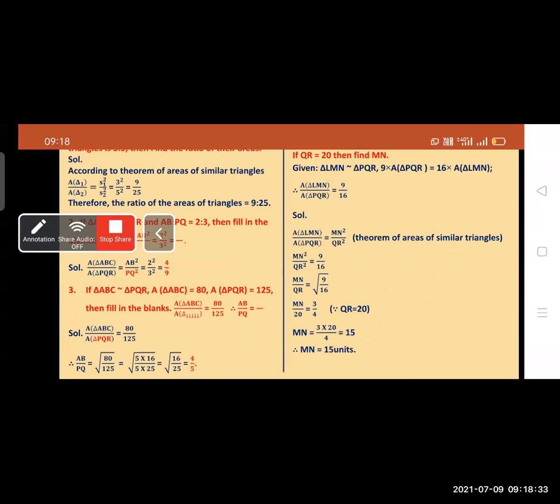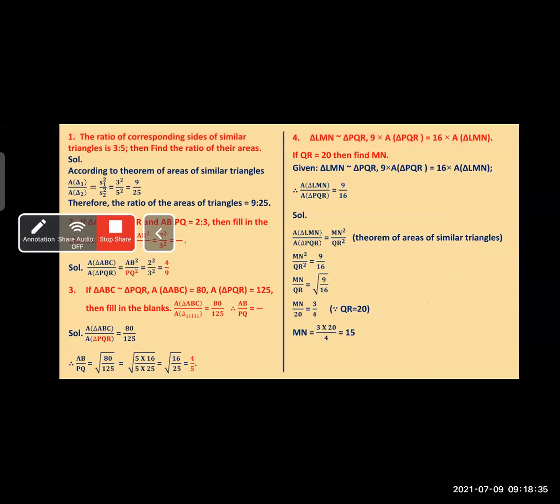We see the fourth question. Triangle LMN is similar to triangle PQR. So here two triangles are given, LMN and PQR.